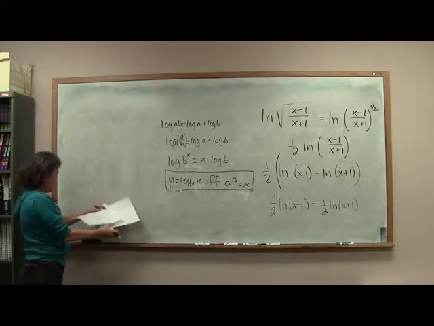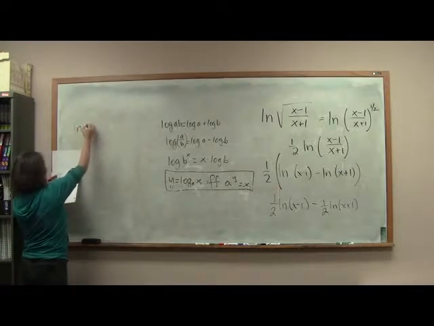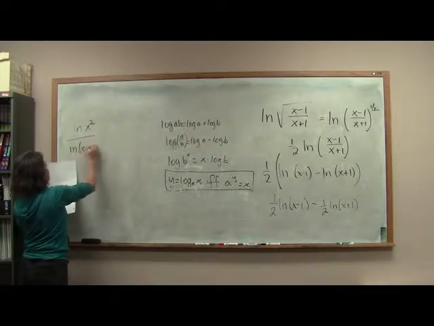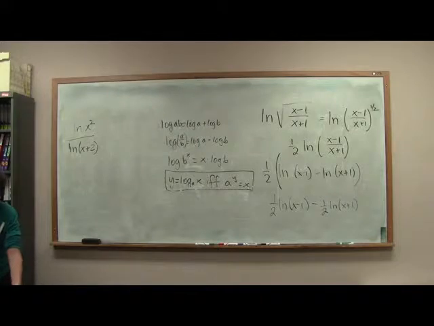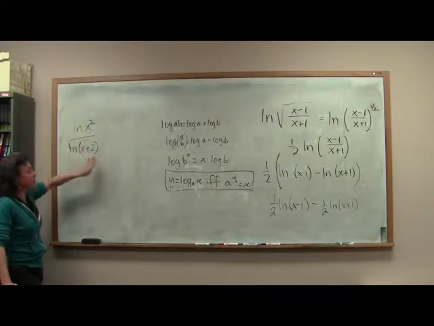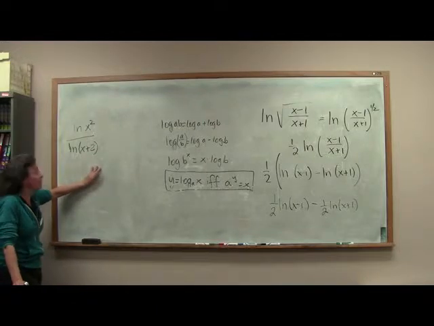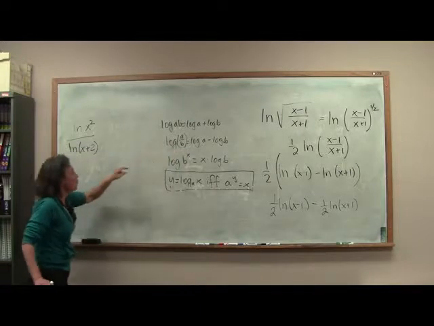Okay, the next example that I would like to do is the natural log of x squared divided by the natural log of x plus 2. Now, notice you can't break this up into a difference of logs, because you're not taking the log of a quotient.